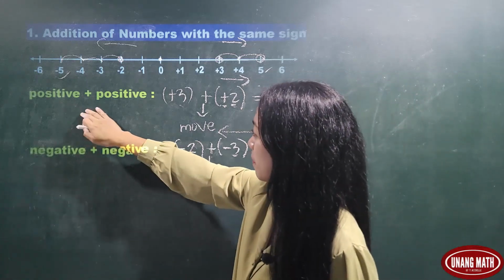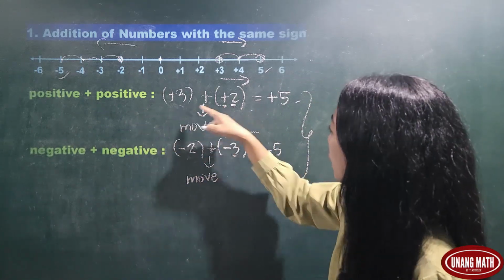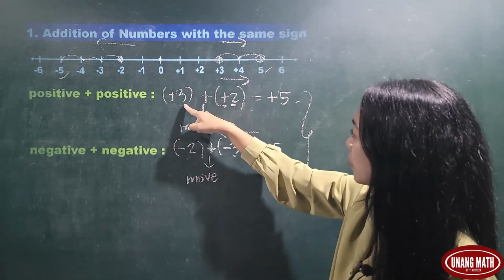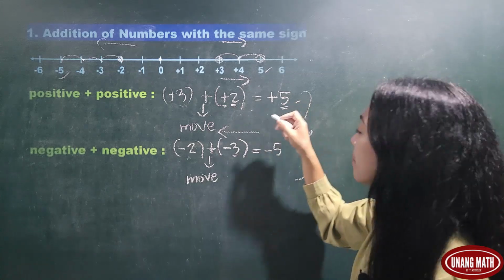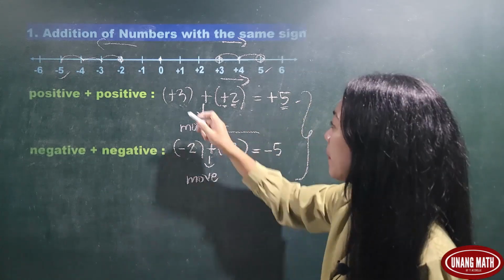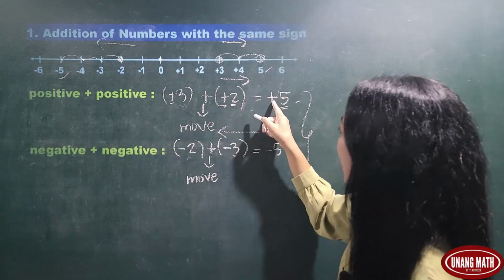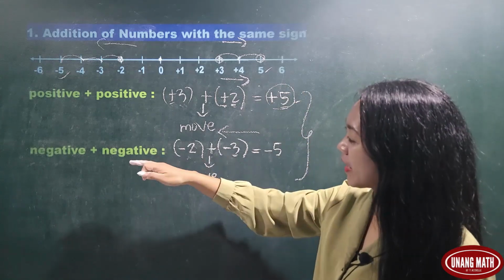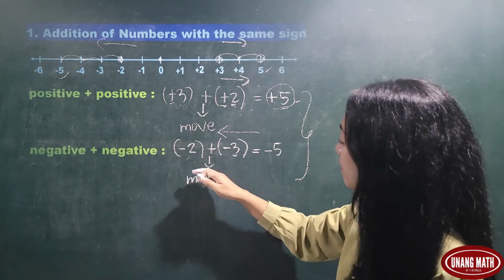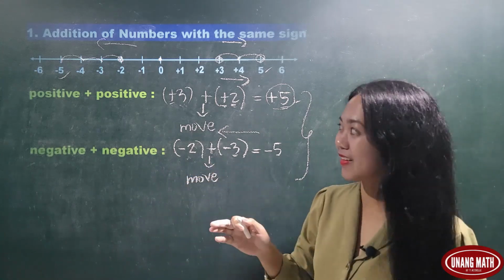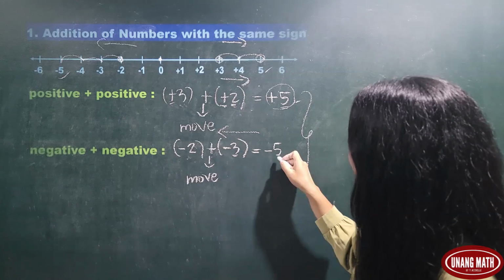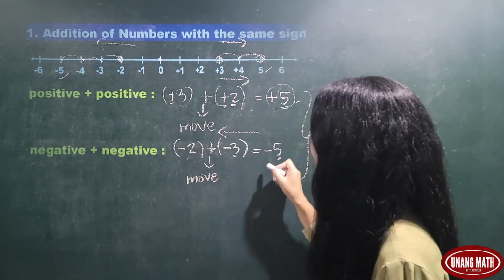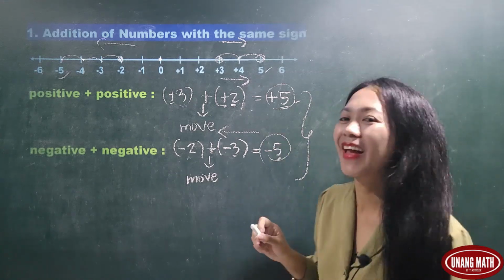For positive number plus positive number, we just added the numbers, 3 plus 2, 5, and we copy the positive sign. So the answer is positive 5. For negative number plus negative number, it's the same thing. We added the numbers, 2 plus 3, 5, and we copy the negative sign. So the answer is negative 5.